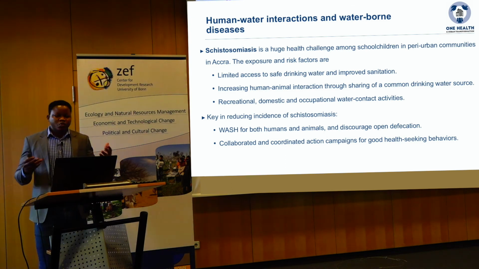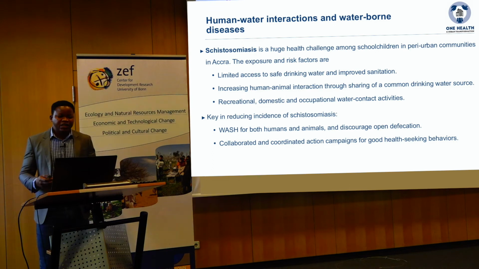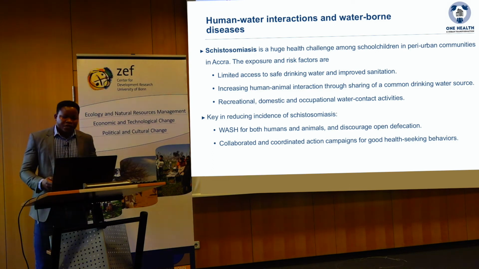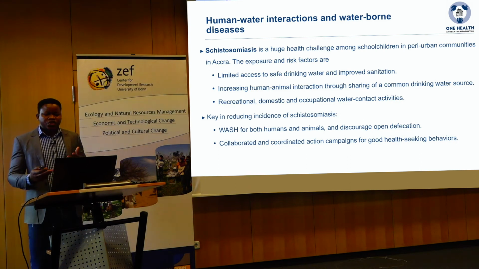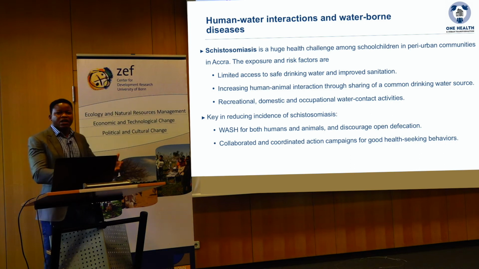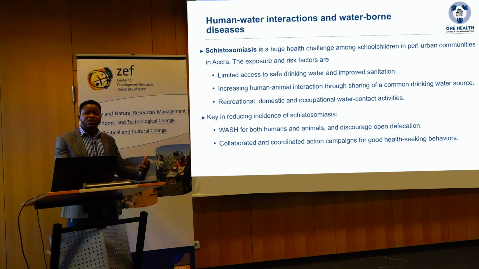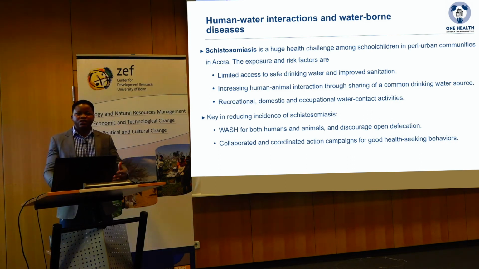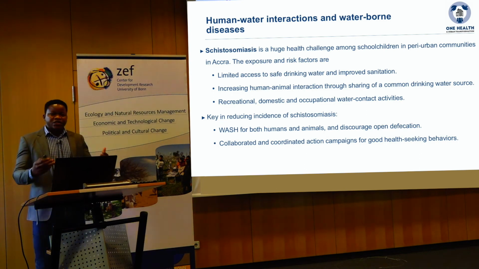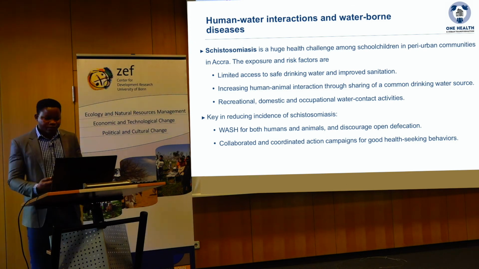And the risk and exposure factors were linked to limited access to safe drinking water and improved sanitation, increasing human-animal interactions through sharing of a common drinking water source, where humans and animals drink from the same unimproved sources of water from the river and then from the pond. This creates interactions where diseases can be transferred.